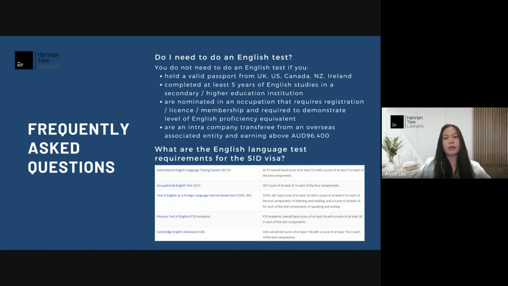TOEFL iBT, at least 35, with a score of at least 4 for each of the test components, for listening and reading, 14 for speaking and writing. PTE, at least 36, with a score of at least 36 in each of those test components. Cambridge English Advanced, they will need a score of at least 154 in each of those test components as well.